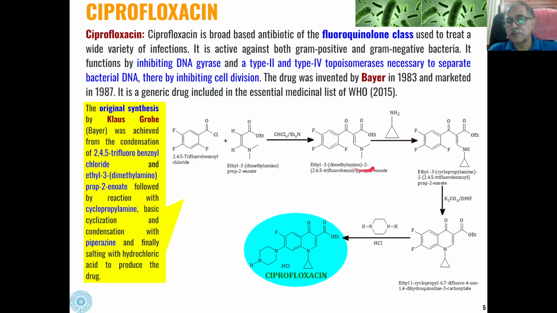The cyclopropylamine will attack at this carbon with the elimination of dimethylamine from here to give us this type of intermediate product. So this cyclopropylamine derivative is formed.